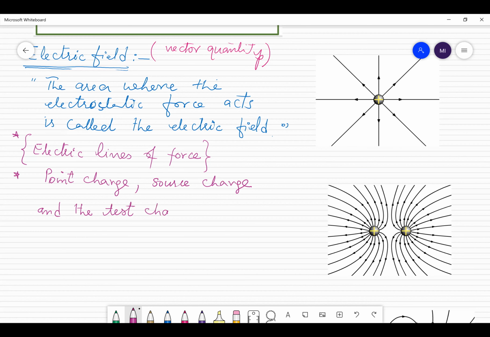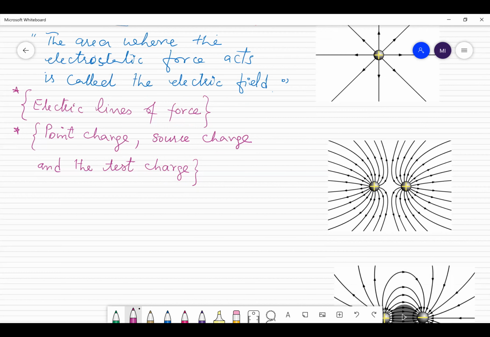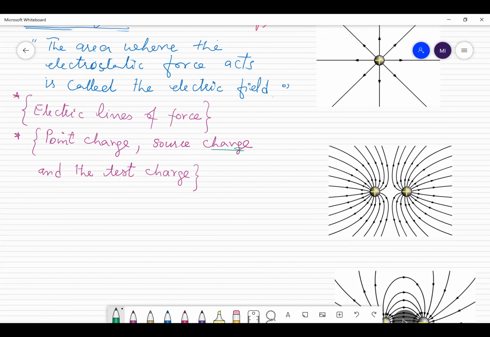Before going into the electric lines of force, I would like to explain these terms to you. The point charge I already explained in my very first lecture, the introduction to electrostatics. The source charge I would like to explain, and the test charge I also would like to explain.